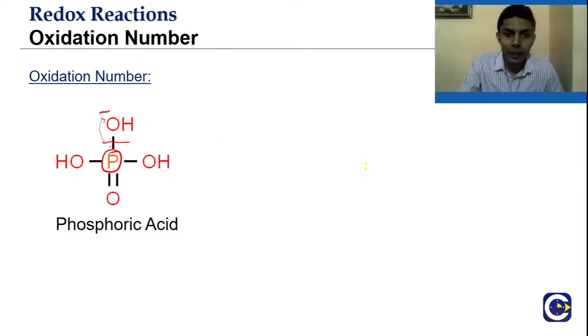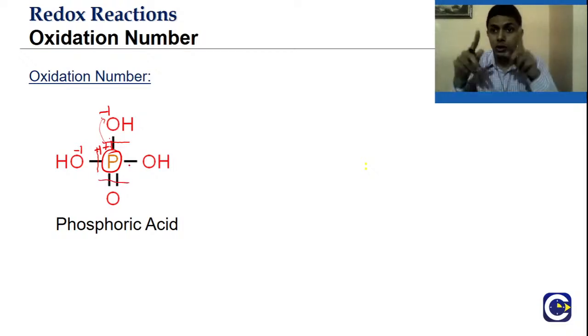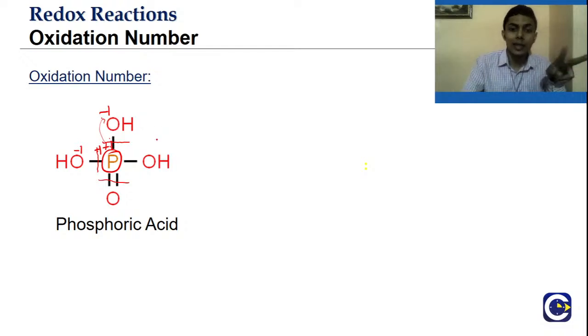So that will get -1 and phosphorus will get +1 from this bond. If I break this bond, this oxygen will get -1, this phosphorus will get +1. If I break this, there are two bonds. That means phosphorus has shared two electrons with this oxygen, and oxygen is more electronegative, so it will try to take both of them. Hence, this will get -2, this will get +2.